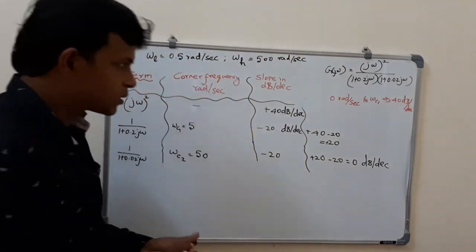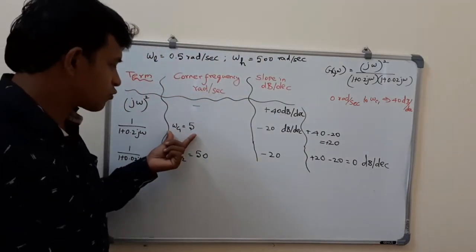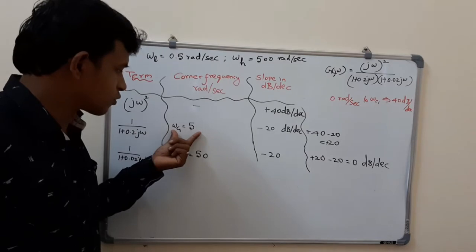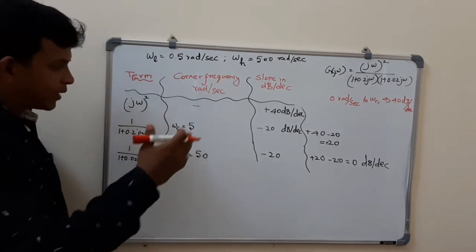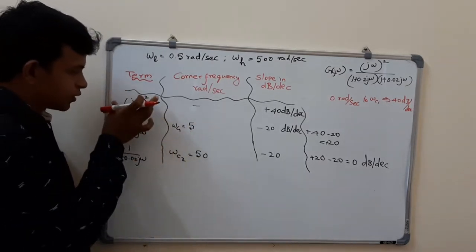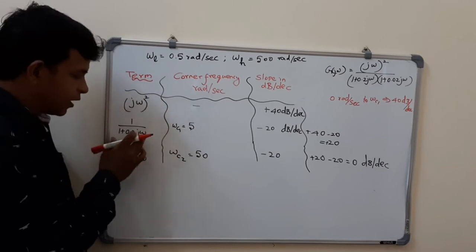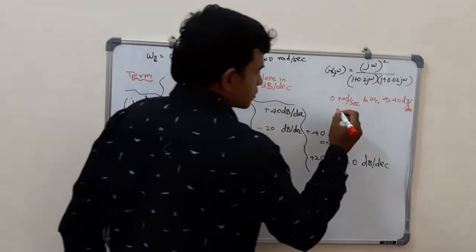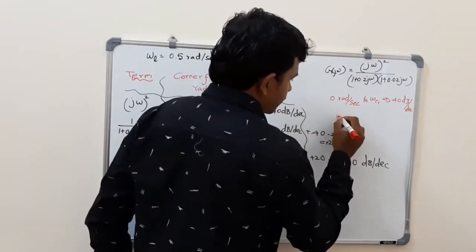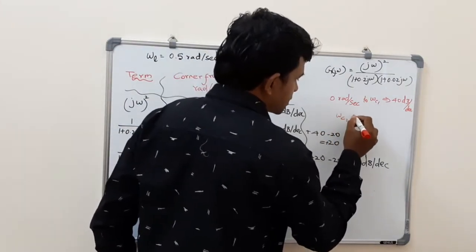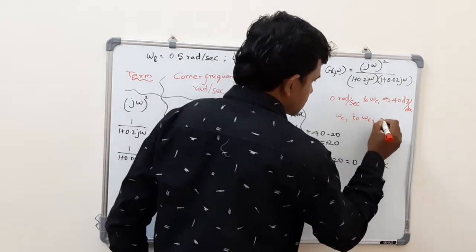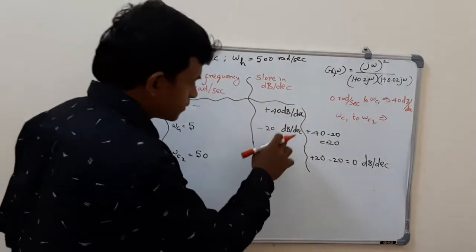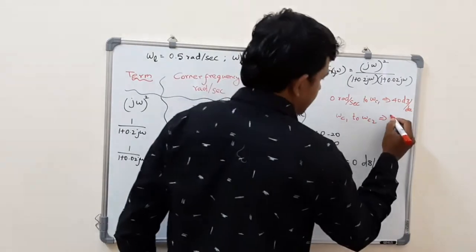Once the frequency crosses omega c1, the first corner frequency, the overall impact is created by both this derivative factor and also this first order factor in denominator. As a result, from the frequency range of omega c1 to omega c2, the slope is 20 decibel per decade.